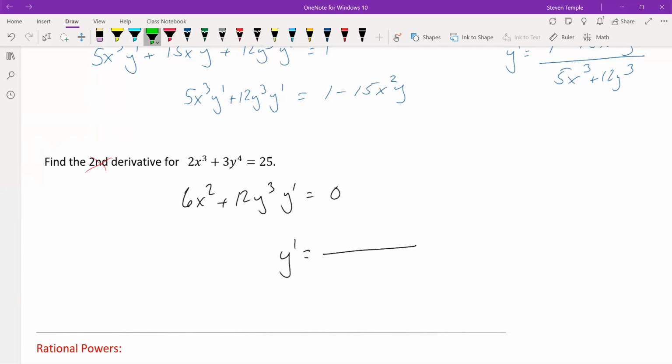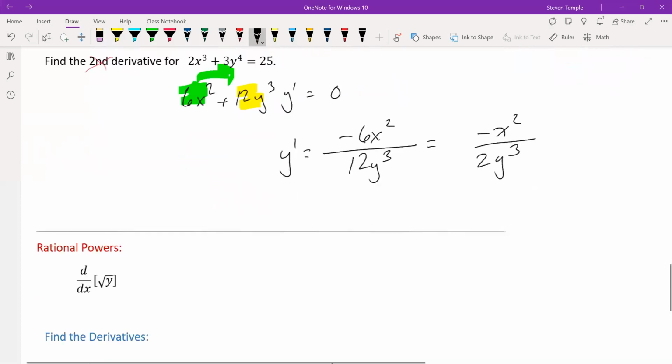So for example, this has to go to the other side, so it becomes a negative. Now there's no other y prime, so there's no factoring here. I just have to divide by this term, 12y cubed. So I'm just going to go ahead and simplify, and that is your derivative.